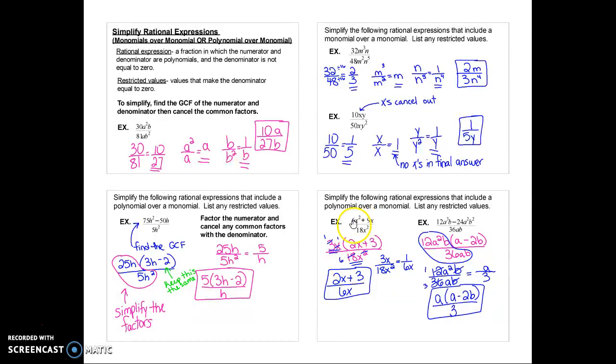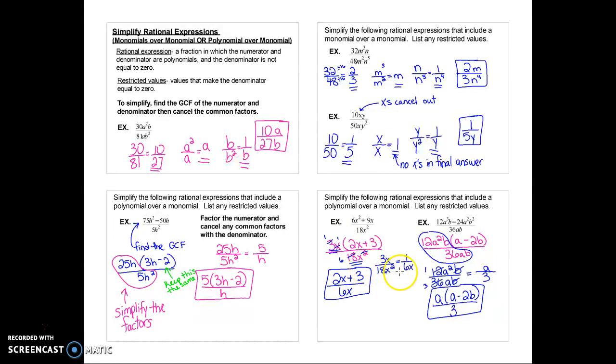Then we can rewrite the denominator of our fraction and reduce 3 and 18. Okay? That reduces. 3 divided by 3 is a 1. 18 divided by 3 gives us a 6. I have an x to the first power and an x to the second power. That x in the numerator cancels out with one of them in the denominator, leaves me with 1 left over.